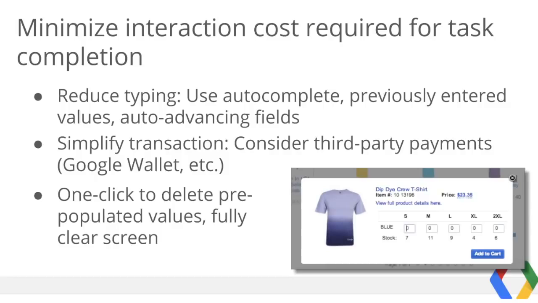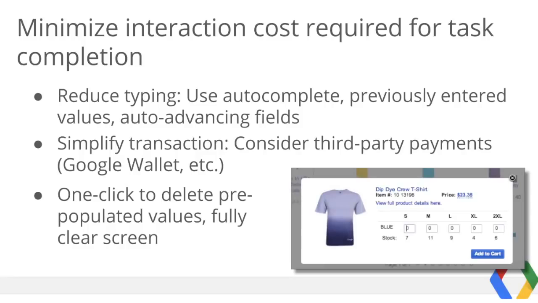Perhaps use autocomplete, previously entered values, or auto-advancing fields. To simplify checkout, you can offer third-party checkout options. One click to delete pre-populated values also saves interaction cost, rather than requiring the user to repeatedly hit delete for each character. And while in delete mode, fully clear the input field.